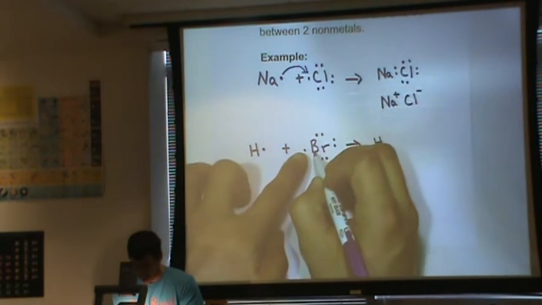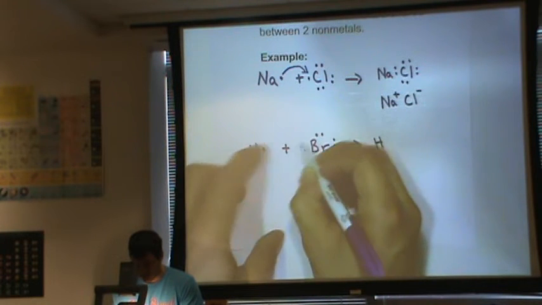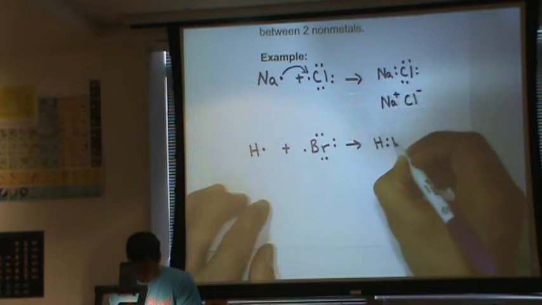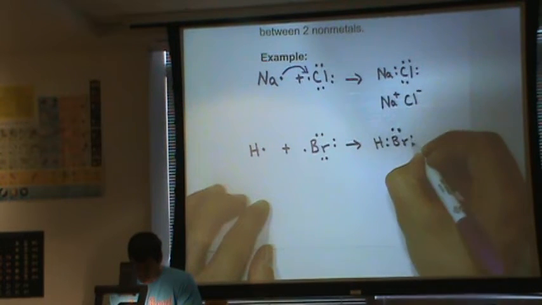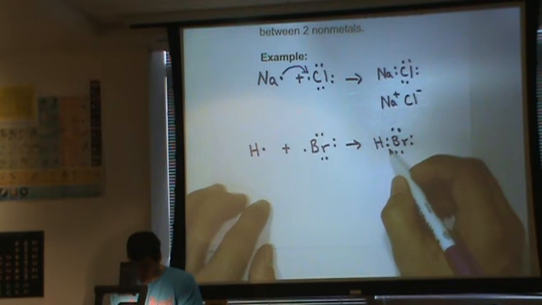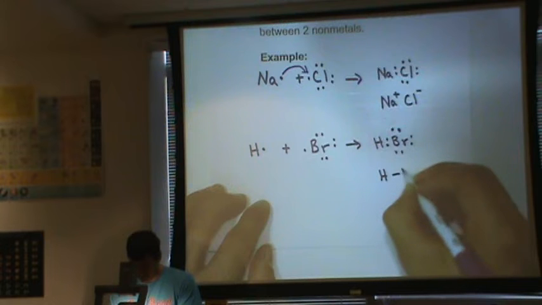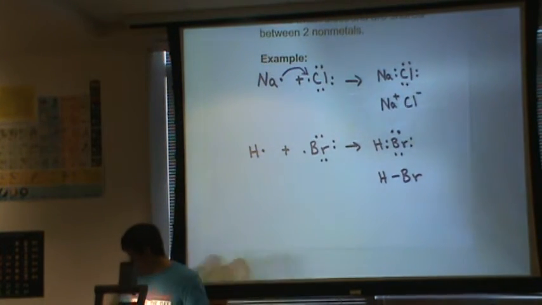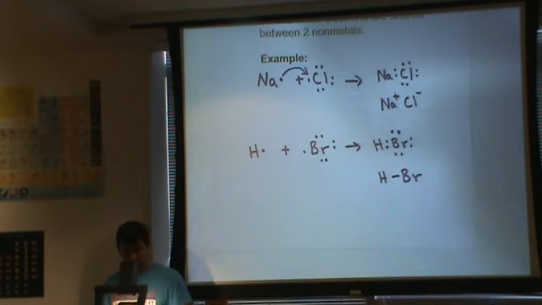So hydrogen isn't just going to simply give it to bromine, they're going to share their electrons. And the way we represent this sharing is by making these two dots a bond. They are sharing their electrons. This is between two nonmetals.